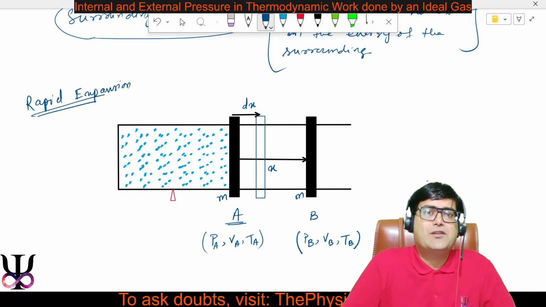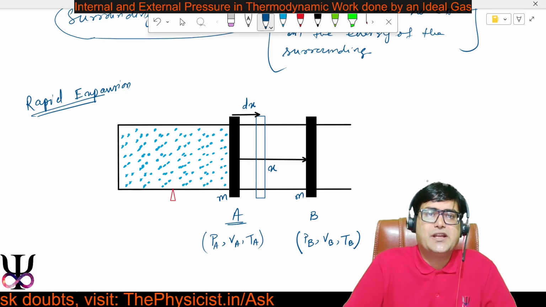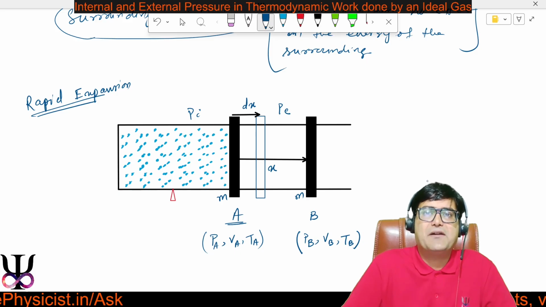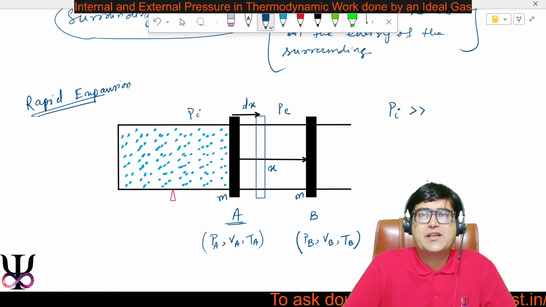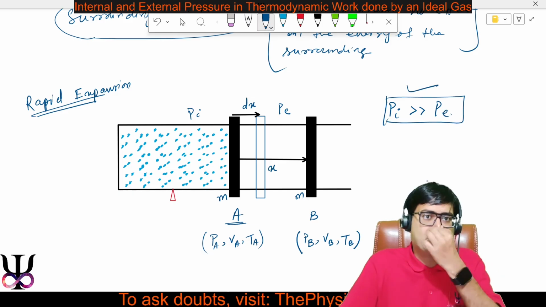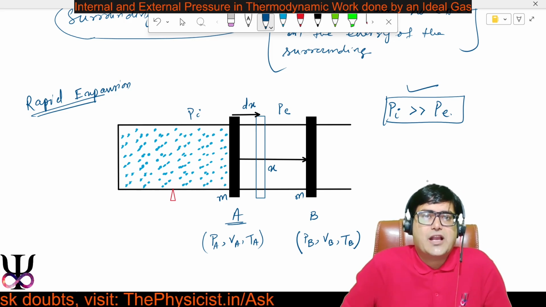When we consider a rapid expansion, understand what happens. The internal pressure and the external pressure have a significant difference. The internal pressure is much greater than the external pressure. That is exactly why the piston is going to move very, very fast to the right.